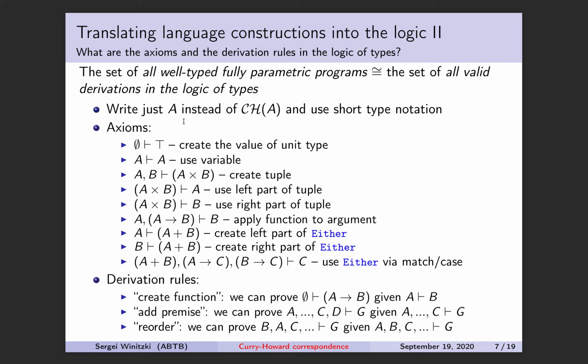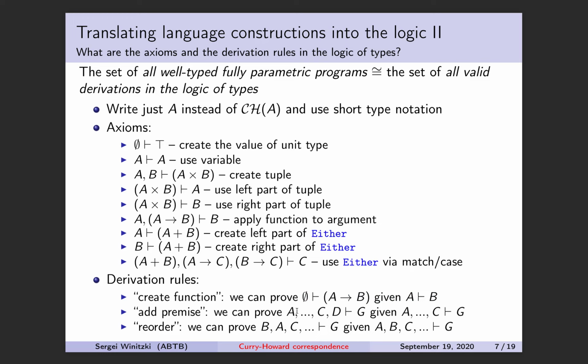And so we can write it a little more concisely if we use the short type notation instead of the full CH notation. And these are all the axioms, and these are all the derivation rules. Now I added 2 more derivation rules. This was the one we had, create function, but I also added 2 more rules.